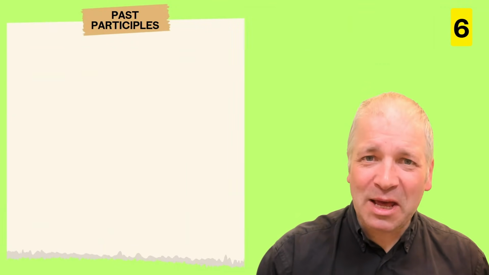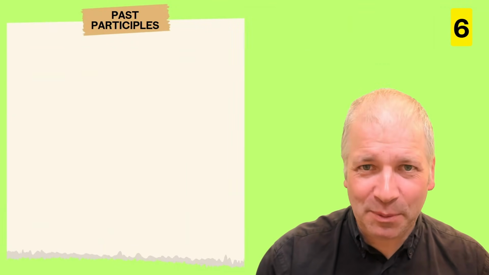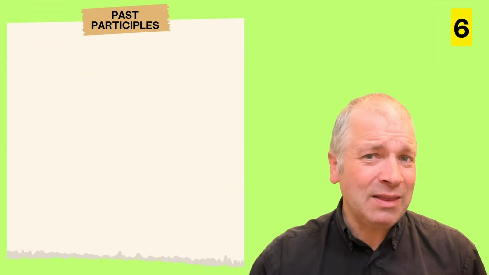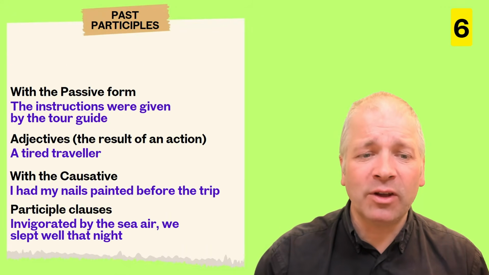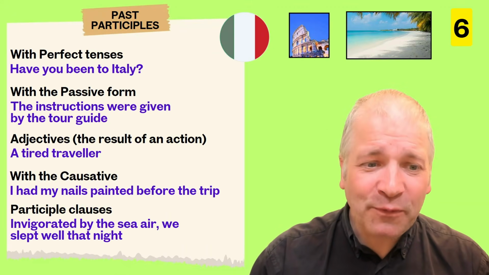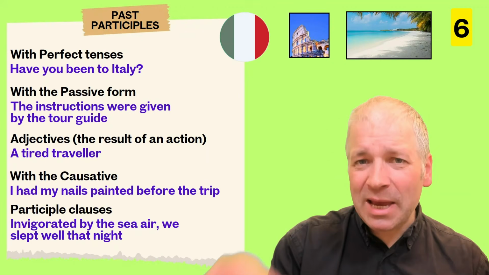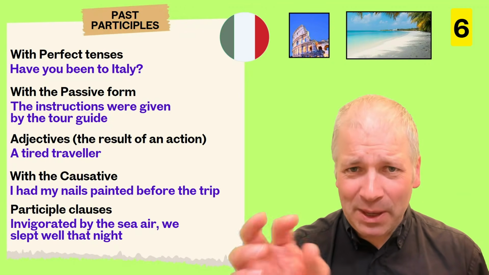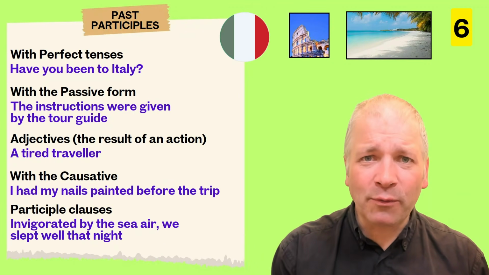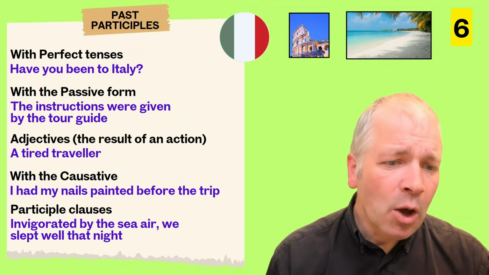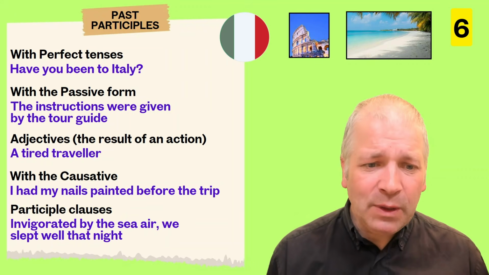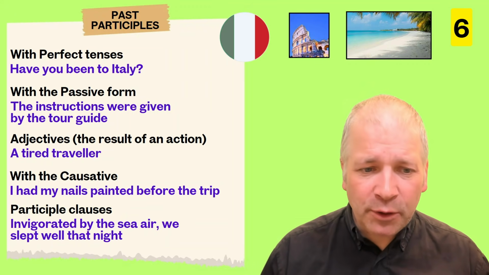What's number 6 then? 6 is past participles. This is commonly the ed form, but not always. It's the kind of word that will go with the perfect tenses. So have you been to Italy? Been is the past participle of the verb to be or to go. With the passive form, the instructions were given by the tour guide.